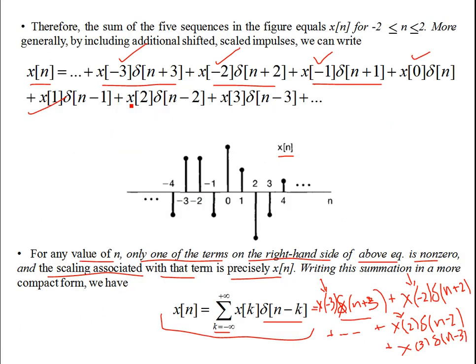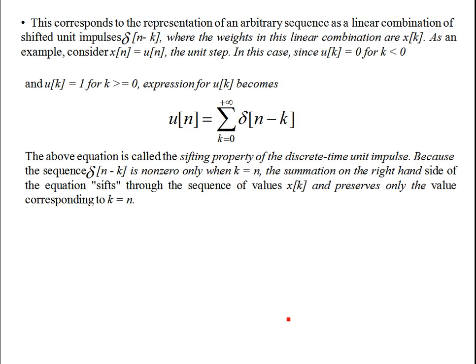That's the idea. Any arbitrary discrete time sequence can be decomposed in terms of the shifted impulses. So this corresponds to the representation of an arbitrary sequence as a linear combination of shifted unit impulses delta n minus k, where the weights in this linear combination are x of k.